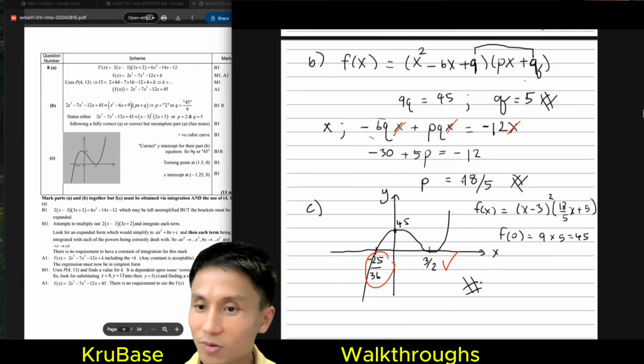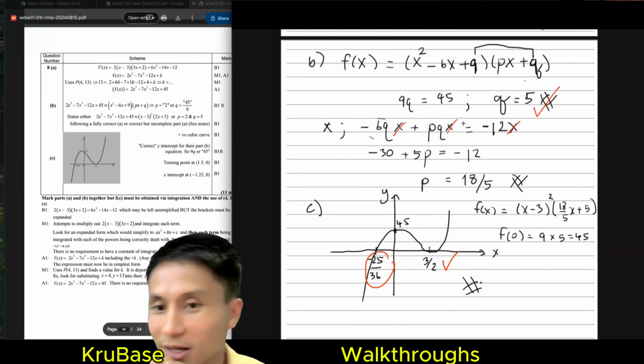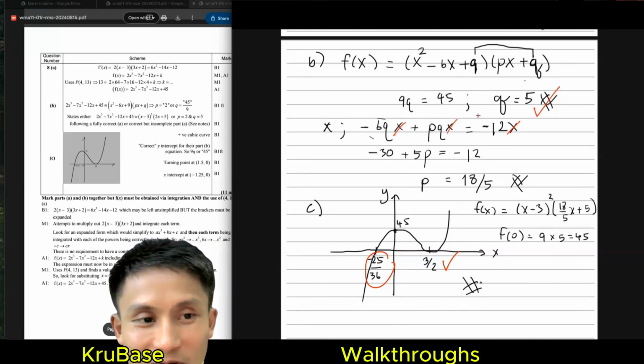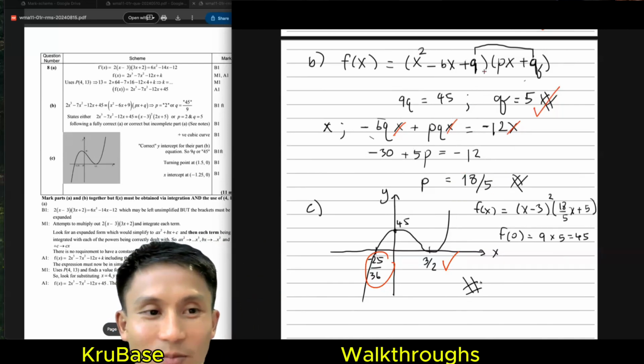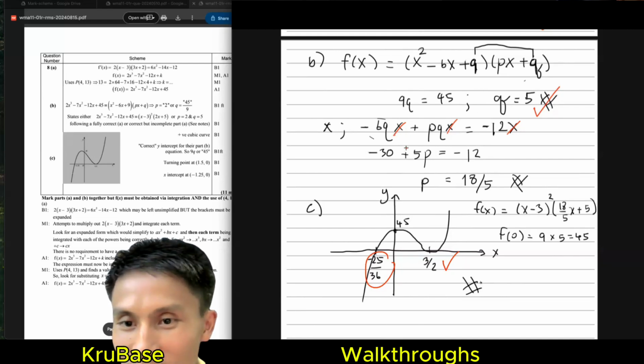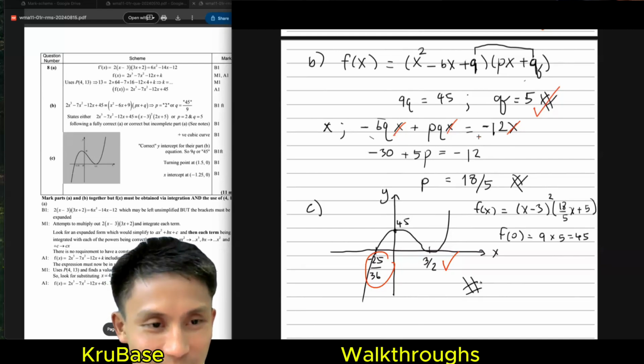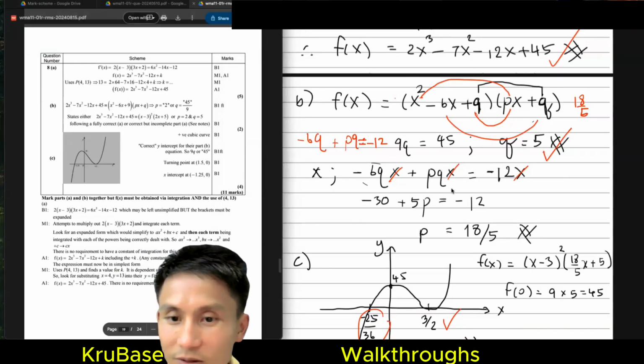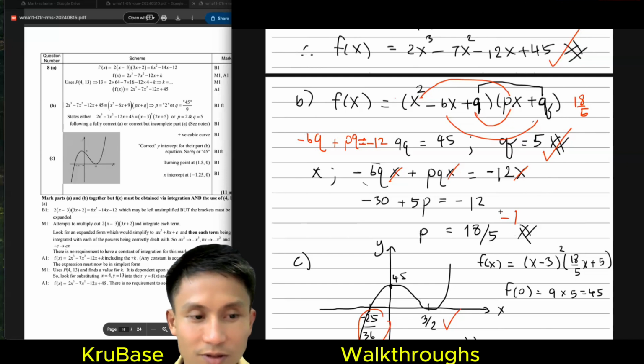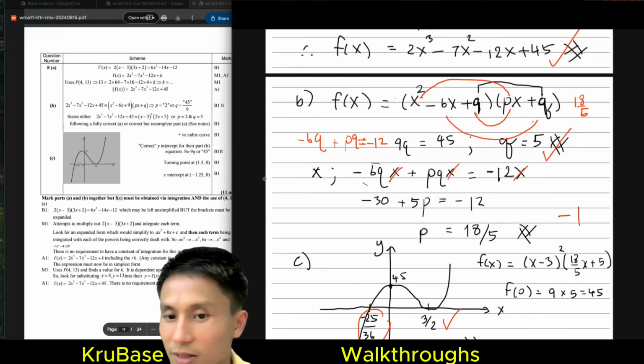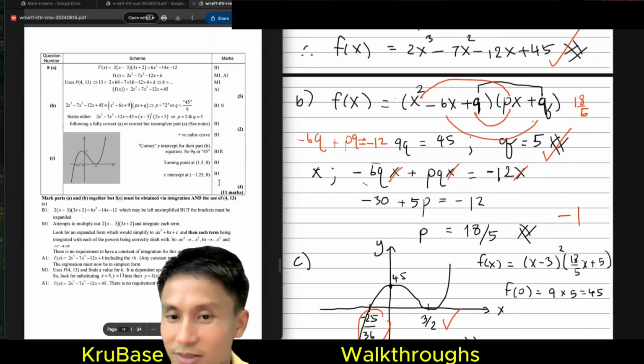So let's have a look at B. So Q is 5. Oh no, P is 2. Okay, P is 2. Maybe you shouldn't rely on this method now, right? It's not reliable already. Okay, hang on. I didn't see this coming. Yeah, I think I lost 1 for that. Never get full marks, right, guys?